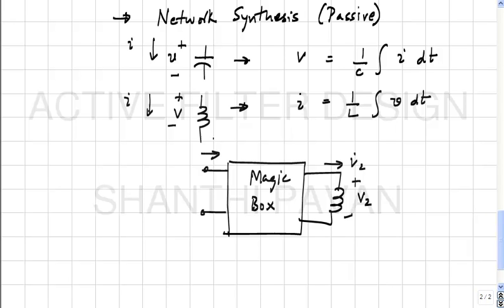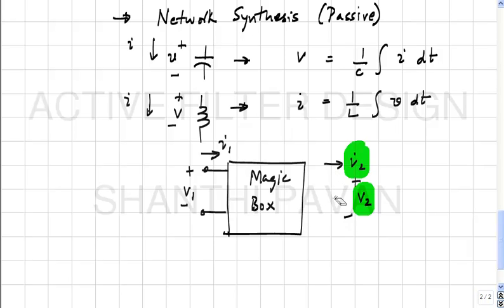And if I put a magic box here which somehow converts the inductor current, that is I2 here, into a voltage, and converts the inductor voltage into a current, right? Then an inductor can be made to look like a capacitor.